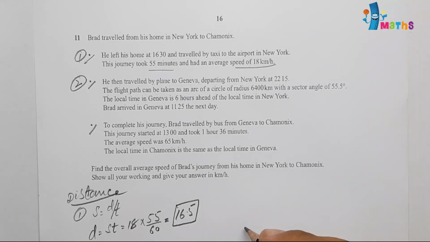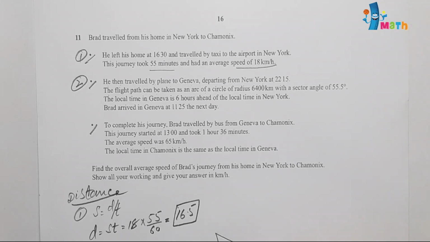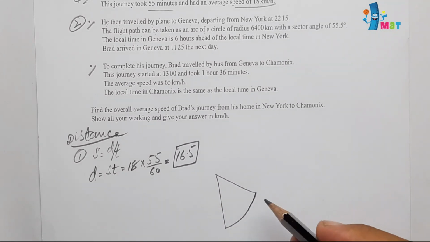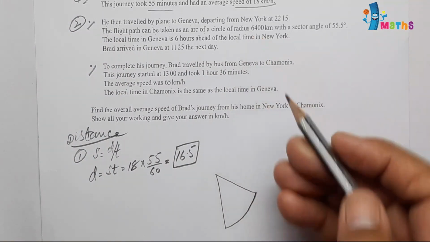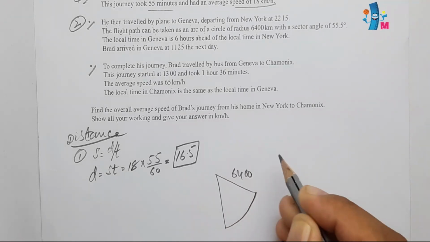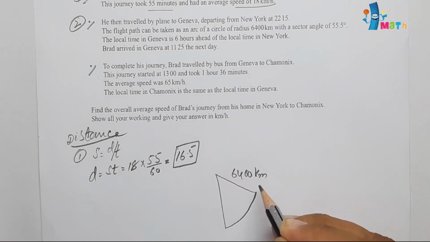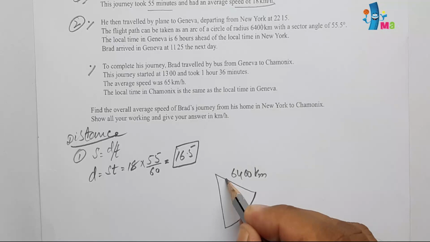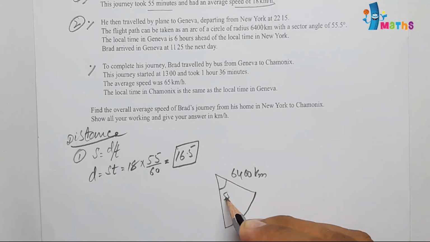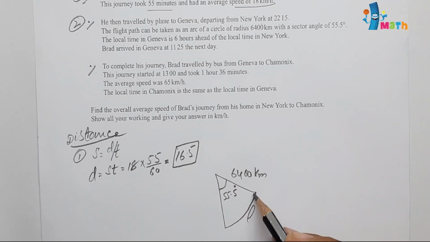If we draw it, this is the arc of a circle with radius 6400 kilometers and a sector angle of 55.5 degrees. So the length of this arc we can calculate.